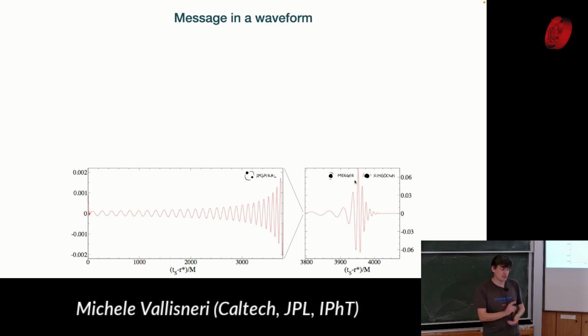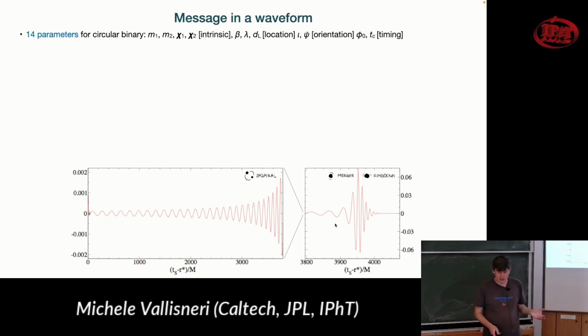After the merger, when the black holes form a single horizon and a single black hole, then you have a phase of ring down where the fundamental and the dominant subdominant oscillation modes of the black hole ring out and again lose energy to gravitational waves until you're back to nothing. Okay, so that's the description. What physics can you extract by detecting and characterizing this waveform?